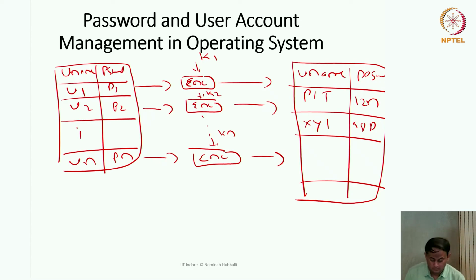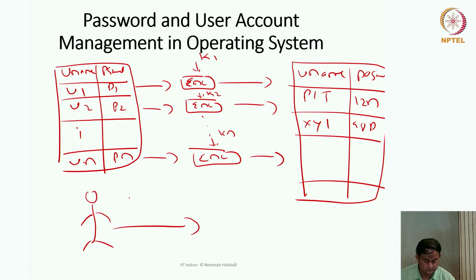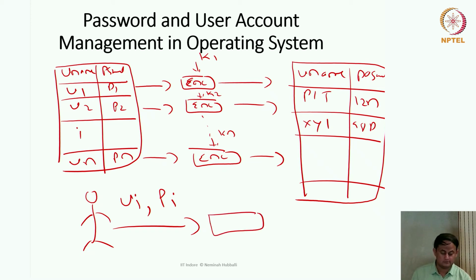So how does the verification happen here? Again, a user submits, let's say he claims I am the ith user, and he gives a password pi, and now the decryption has to happen. Since I have n different keys, what I can do is take this UI and decrypt this username portion, and let's say it maps to username u2.